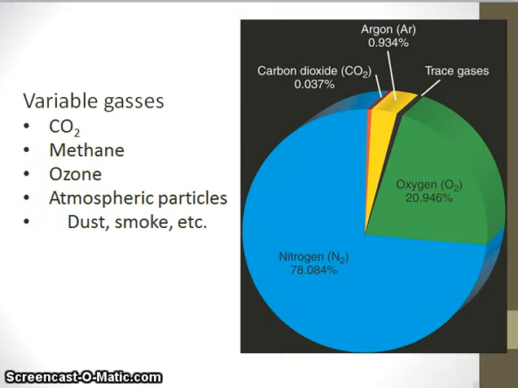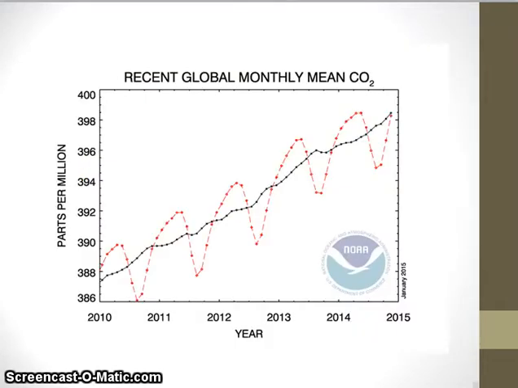There's a great video on ozone that I want you to watch and be able to talk about what's causing the ozone hole, and what scientists think will be the result of climate change on the ozone layer. So it'll walk you through that. Here's a nice example of the variation of carbon.